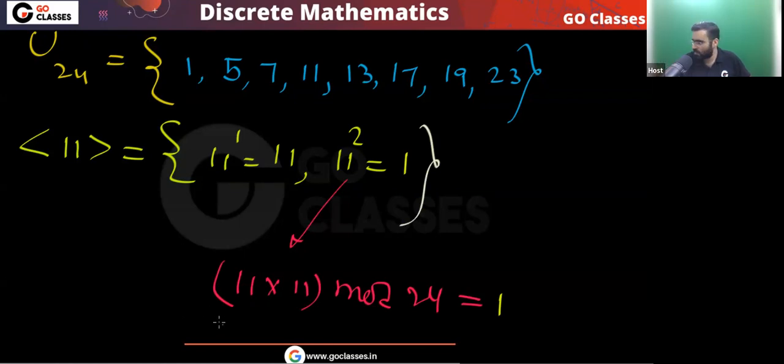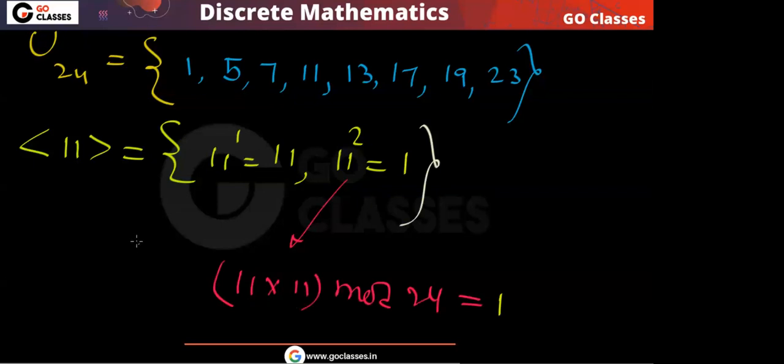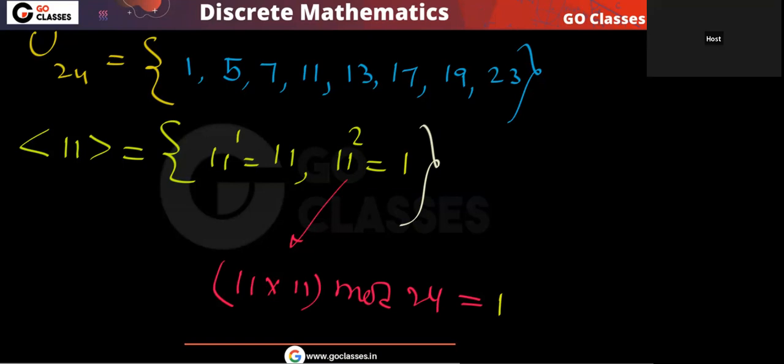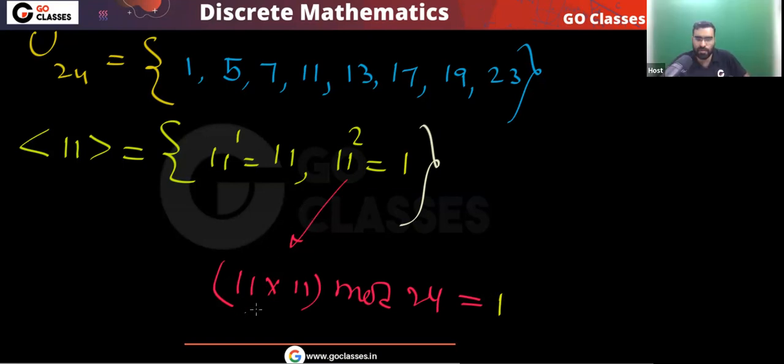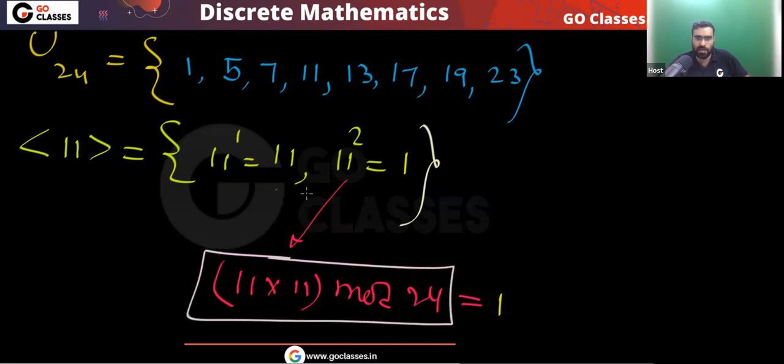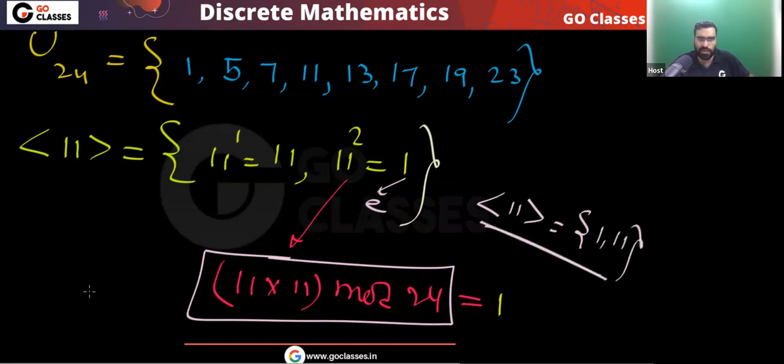Let me check. So yes, this value will be 1. So can I stop? You got the identity element, so you can stop. So 11 can generate 1 comma 11. So 11 is also not a generator.